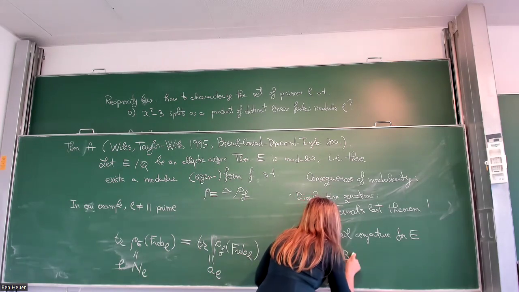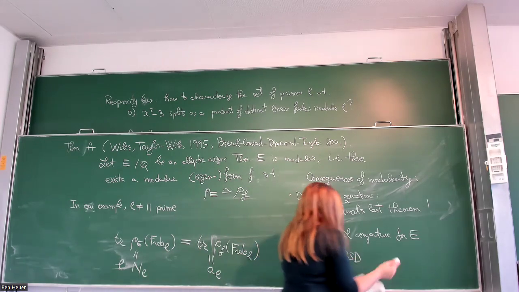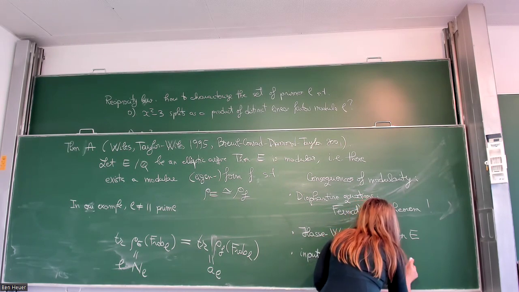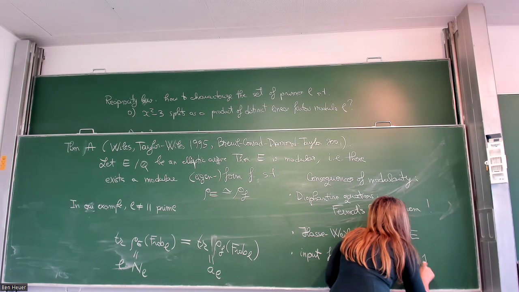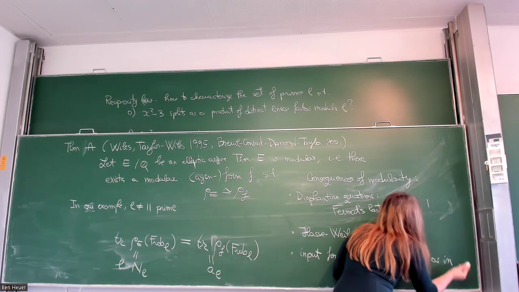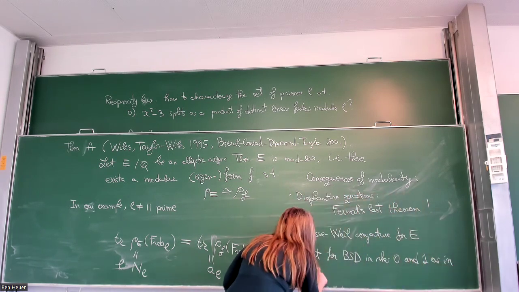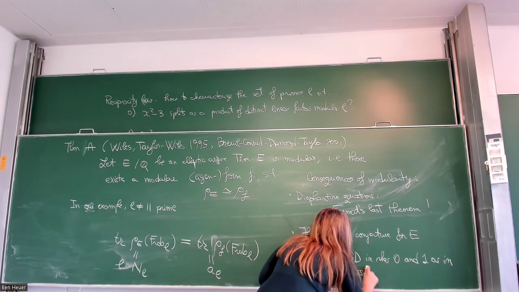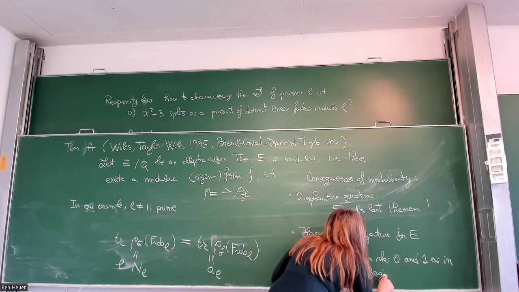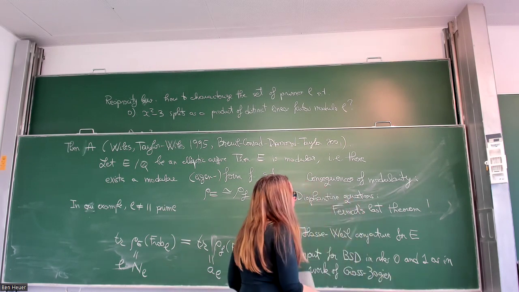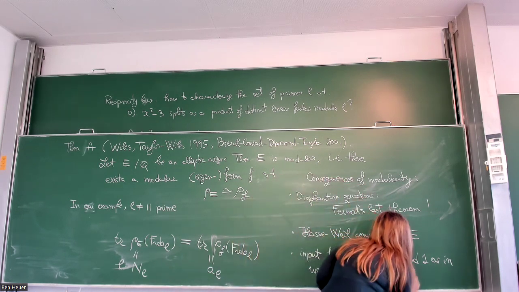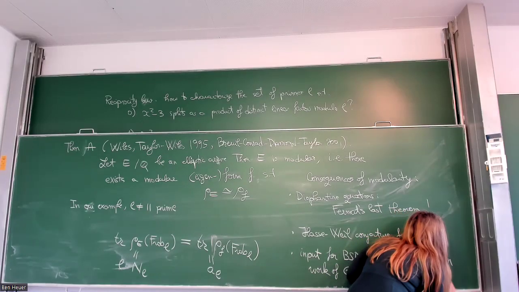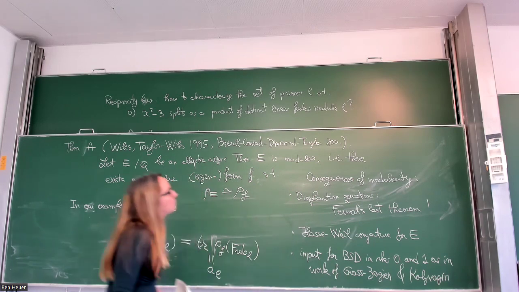So input for BSD in ranks 0 and 1, as in the work of Gross-Zagier, and also the work of Kolyvagin. So one starts with a modular elliptic curve, and that's useful. We're trying to understand something towards BSD.